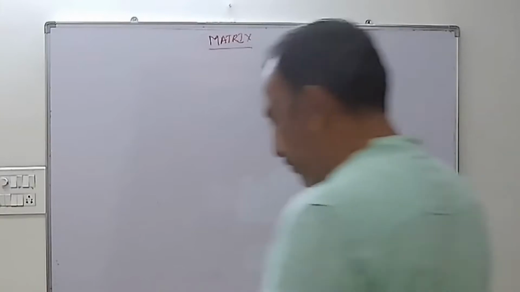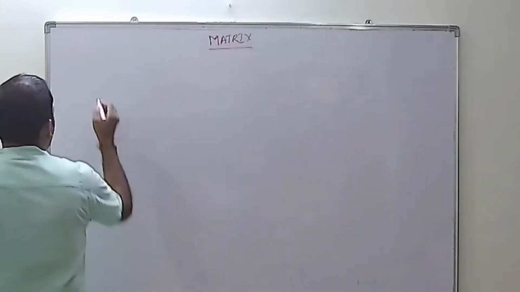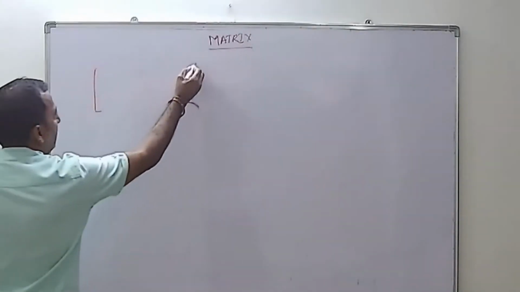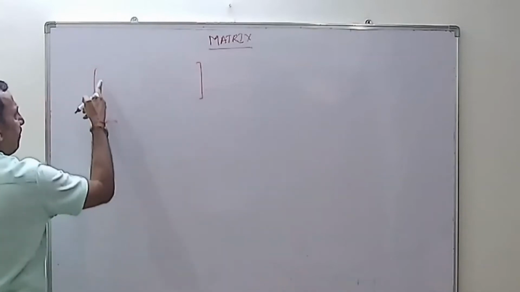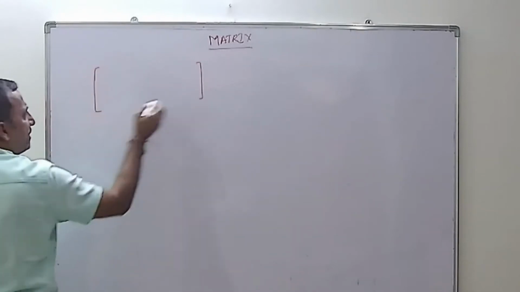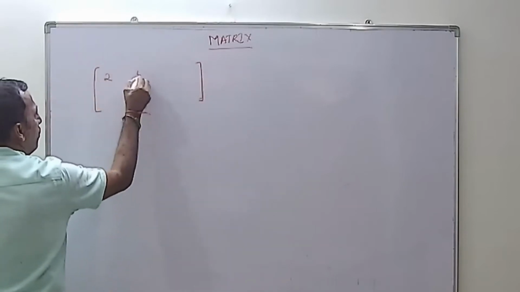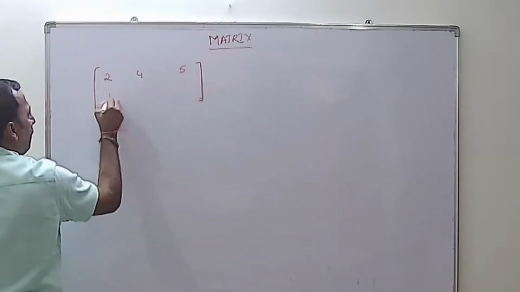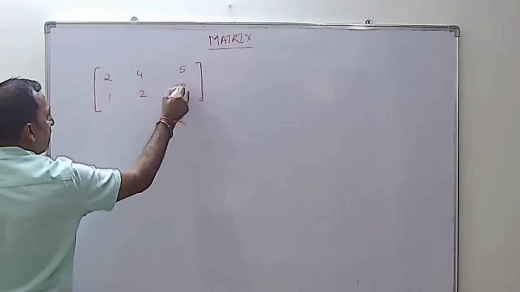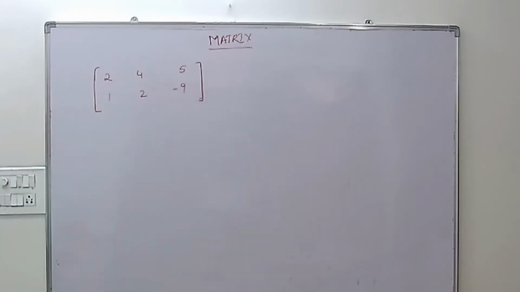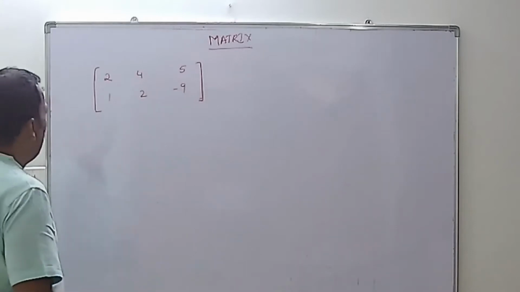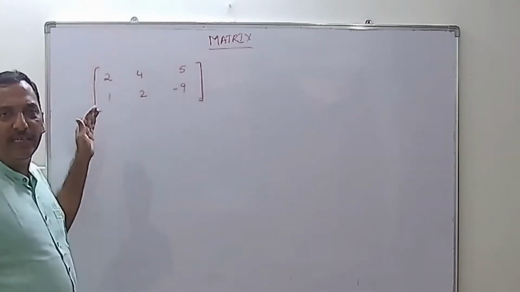See, the matrix is represented like this, in square brackets. Suppose 2, 4, 5, 1, 2, -9. That means the arrangement in horizontal and vertical lines.